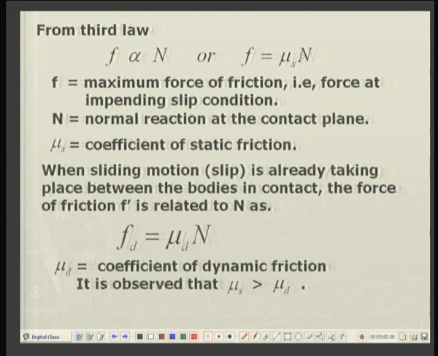When sliding is already taking place, that is the slip condition is achieved, then the same law is still applicable, but the constant of proportionality is now different.